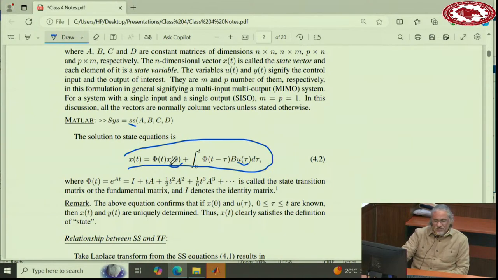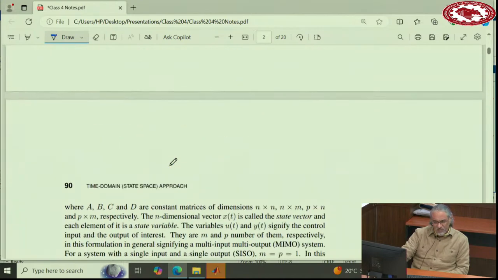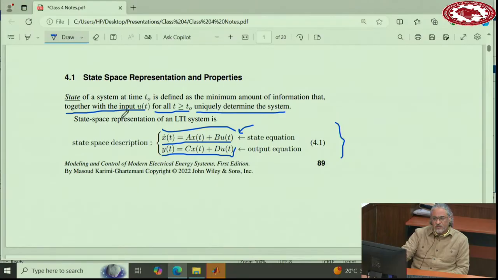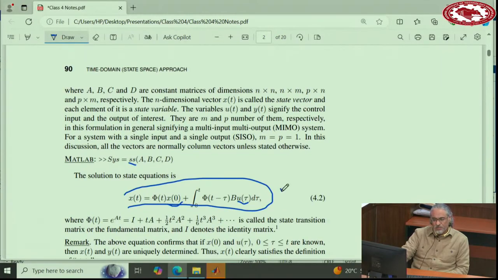So this solution really satisfies the definition of the state that we just gave. If you represent the equations of the system in this format, then x of t will satisfy this definition, because the solution is this one.